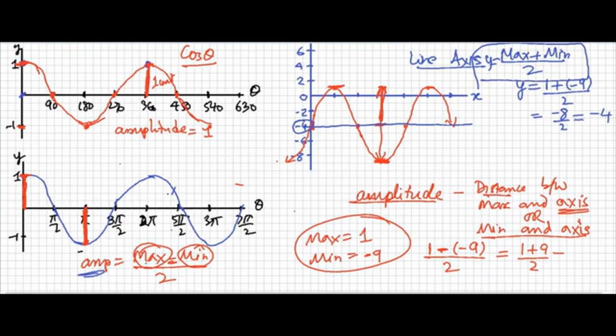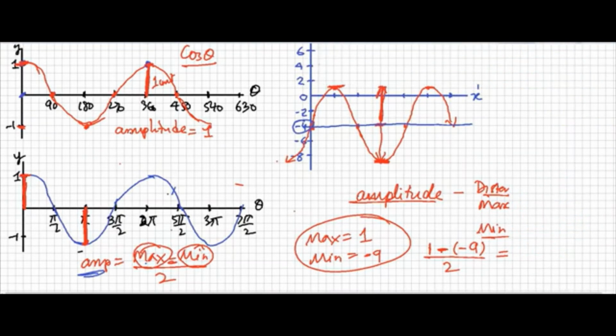And axis is maximum plus minimum divided by 2. Basically, we find the mean. We can write it here. Mean of maximum and minimum. That's your axis. Right?